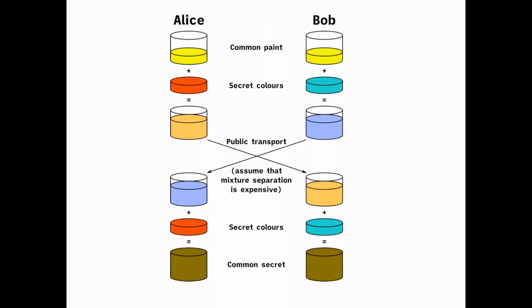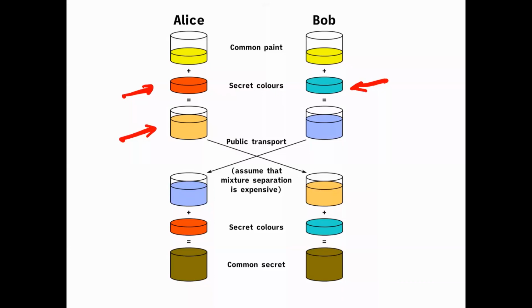In this one, Alice has a private color, red, and Bob has a private color, which is kind of blue, or maybe something else. Then Alice mixes this color and gets this color here.